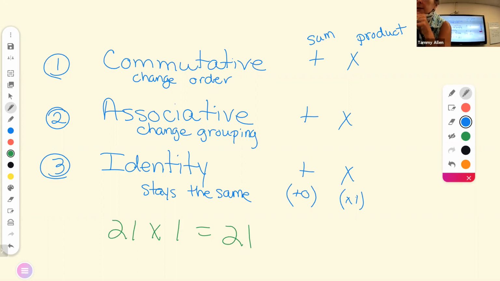Dante and Alexis, can I see what you think? Dante, which property do you think it is? Alexis, what property do you think it is? All right. It indeed is the identity property again. We multiplied by 1. We kept the 21. It didn't change the identity, right? Okay.